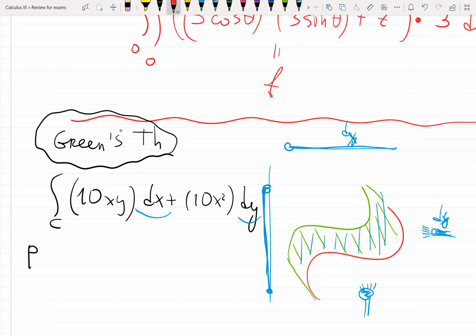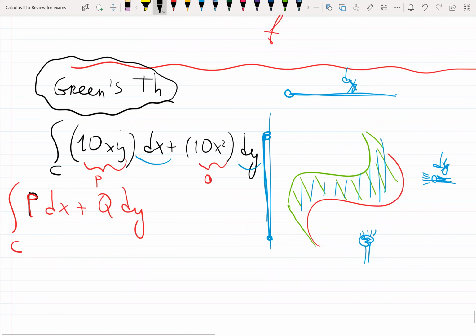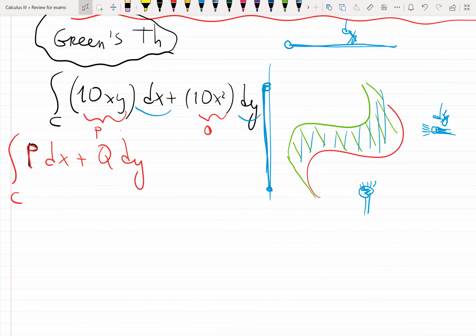It's actually the integral of p dx plus q dy, like so. So this is my p, and this is my q. Use Green's theorem to evaluate the line integral along the given positively oriented curve. C consists of the line segments from this to that, and so on. And then we found that there's a formula.